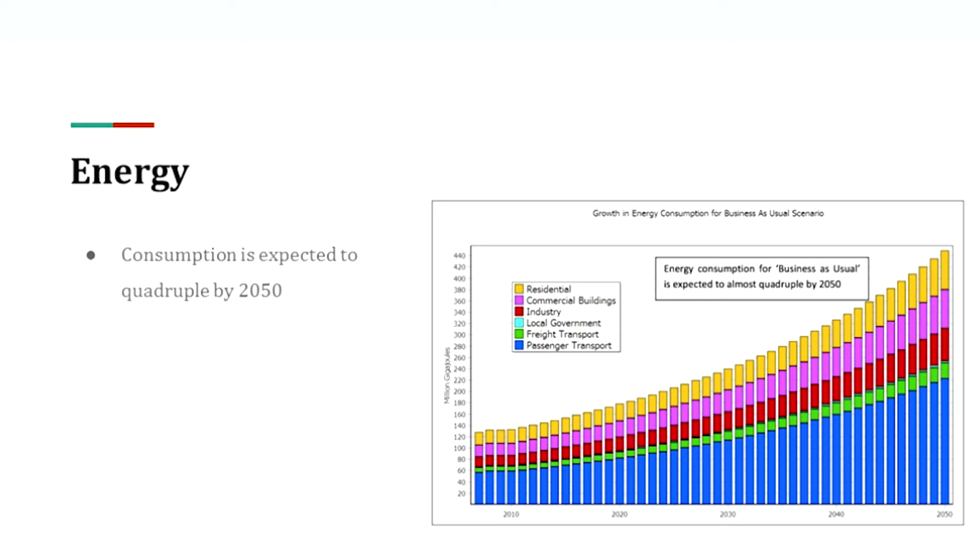The main sectors are residential, commercial, industrial, and transport. We addressed transport earlier, but looking at the other sectors, we found that a lot of the energy consumption is linked to electricity production. So we focused our energy design on the electricity production mix to have an effect on as many sectors as possible.